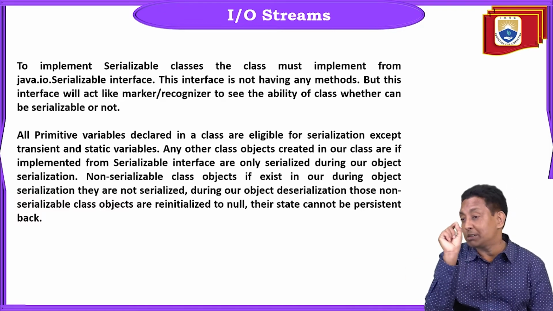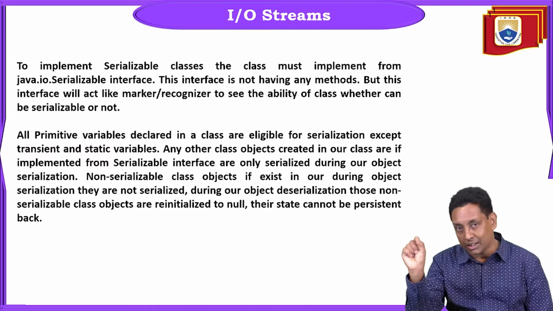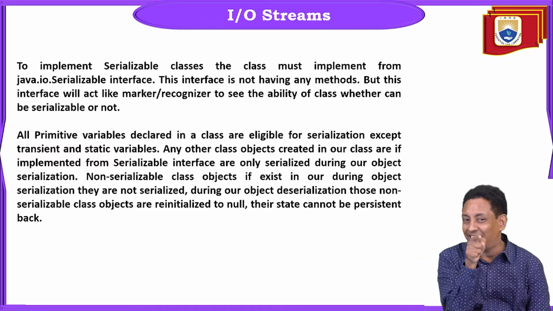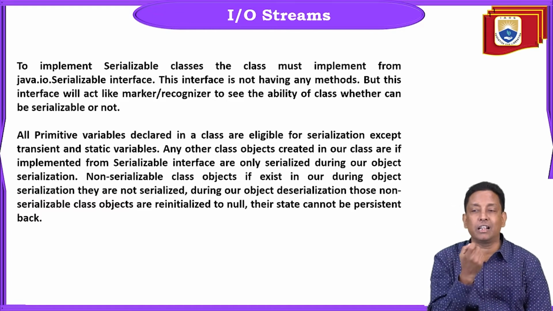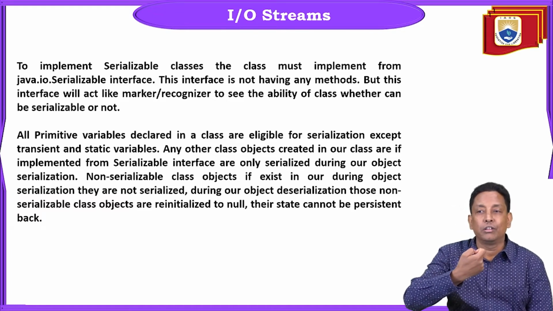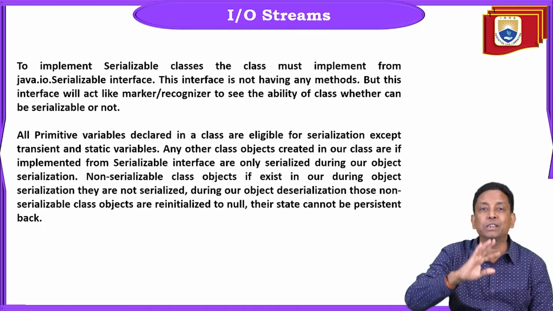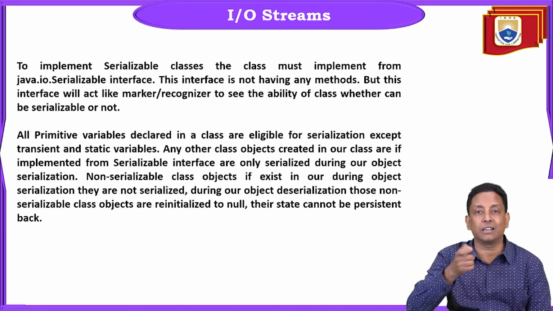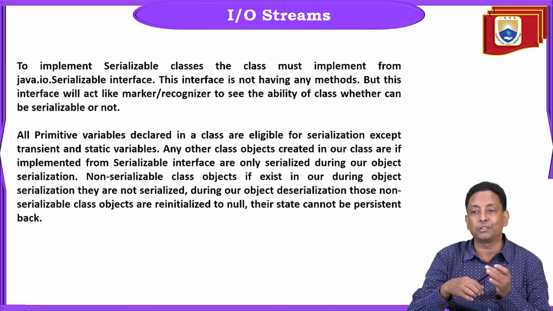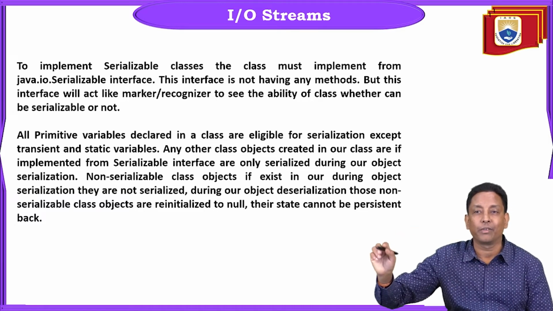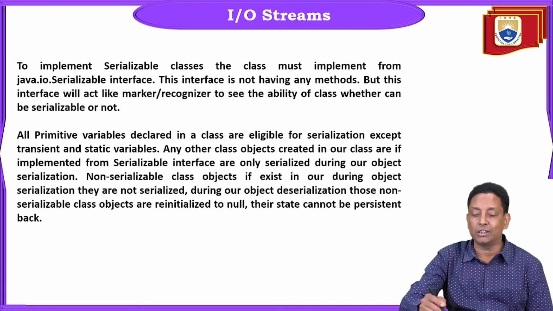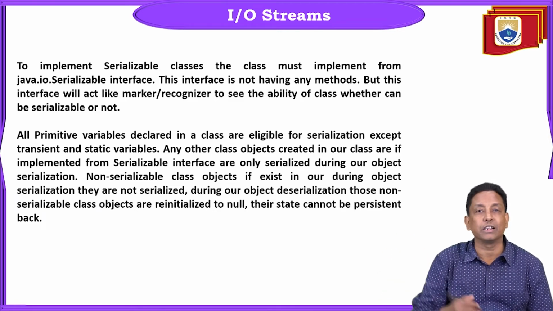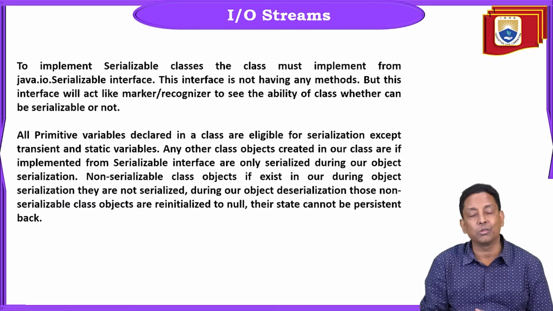But a class which implements the Serializable interface gets a mark that this class's objects can be serialized. It is one kind of permission. If a class object wants to be serialized, it should have a permission, like a signature from the HOD or principal or class in charge saying that okay, the student can go out of the college for this day because of some medical reason or personal reason or some home reason.